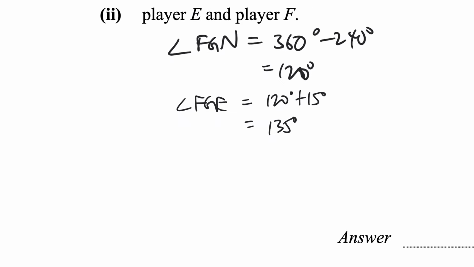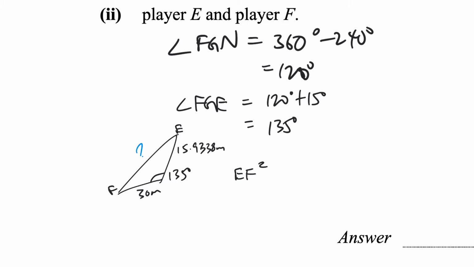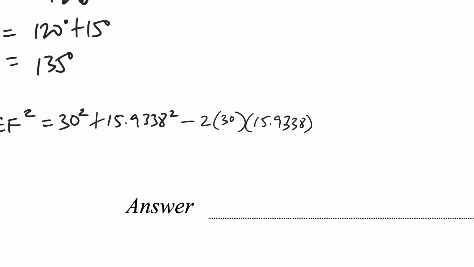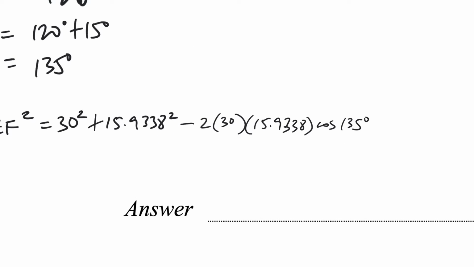Cool. And so right now we basically have this triangle, where this is 135 degrees, this is 30 meters, and this is 15.9338 meters, and we're looking for this length. Apply cosine rule. EF, because this is EF, squared equals 30 squared plus 15.9338 squared, minus 2 times 30 times 15.9338 times cosine of the angle in between.